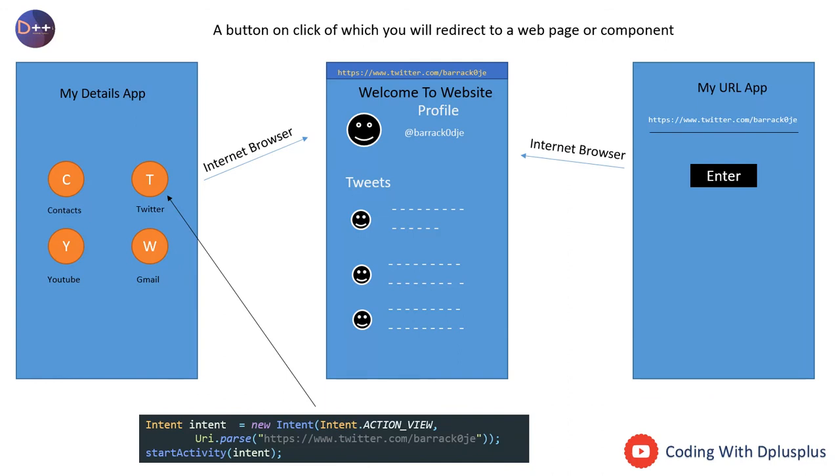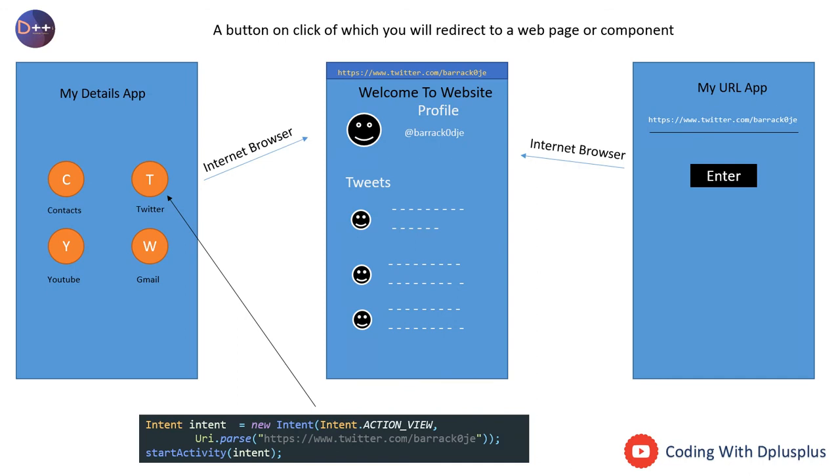Note that we are not the ones that created the contact screen, but we can actually call it in our mobile app. We can navigate to that screen. The way we perform this action is through the use of the implicit intent. Another brief example of that is when you are trying to navigate to your Gmail using an external app.